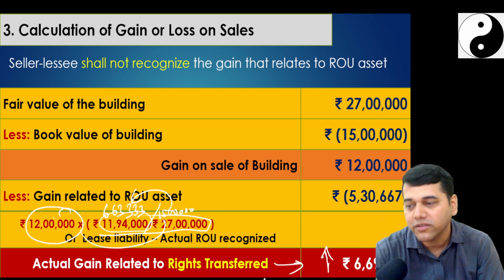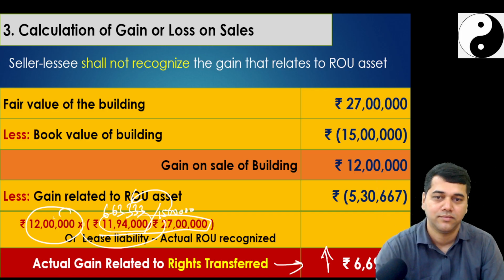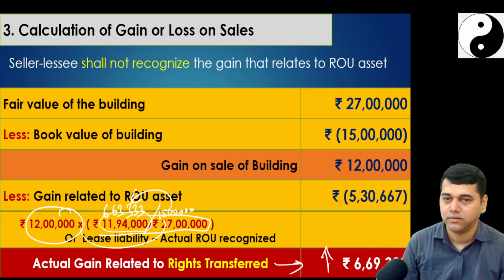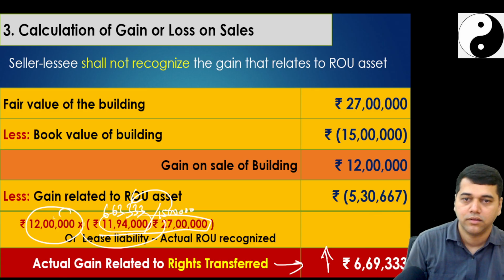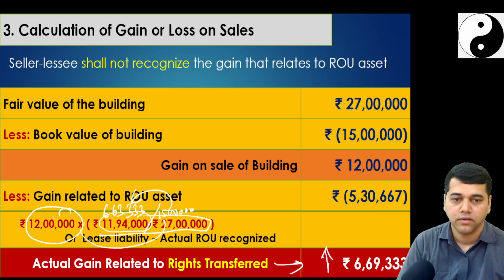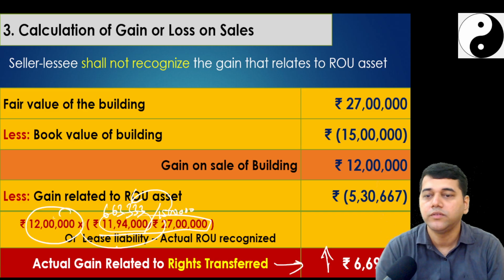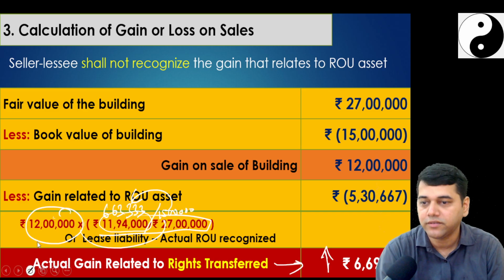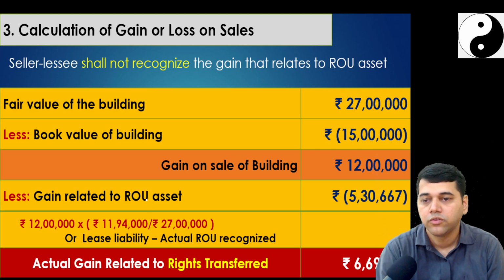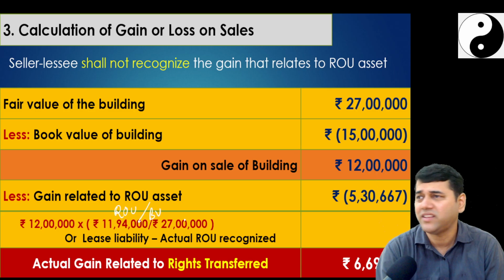Now, can you pause the video, students, and pass the journal entry? Yes, students. So, yeah, this works. Okay, we will change this. Next problem also I have verified. So, we can do the proportion of the ROU we recognize versus the book value of the asset. Very simple thing.